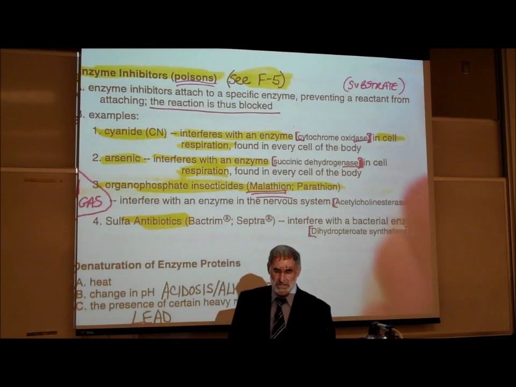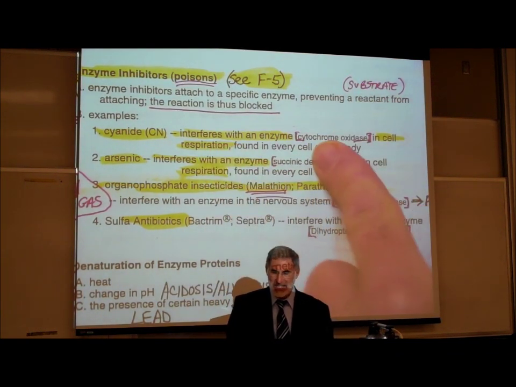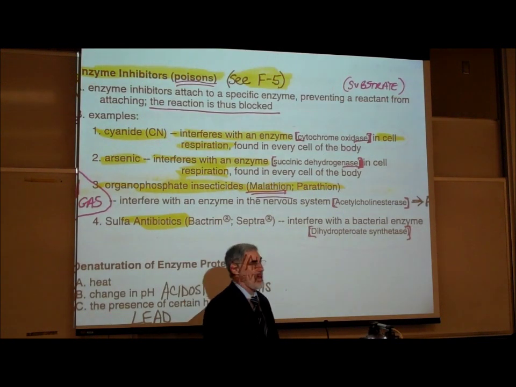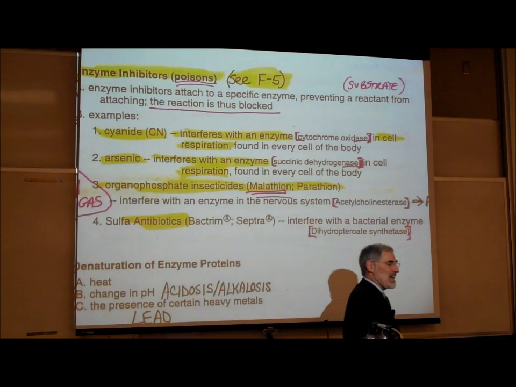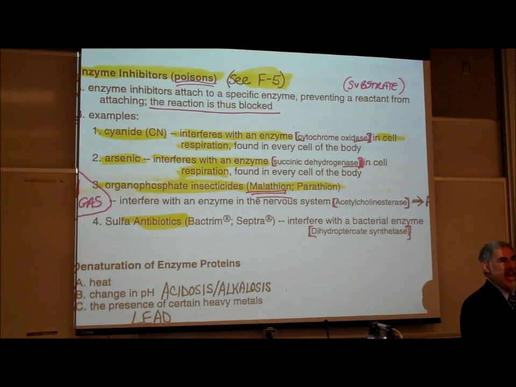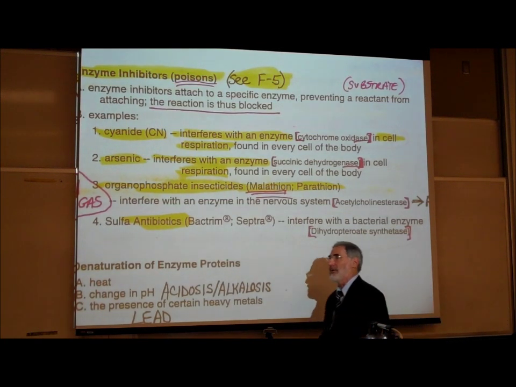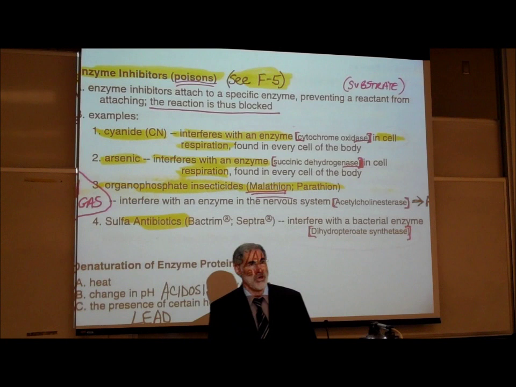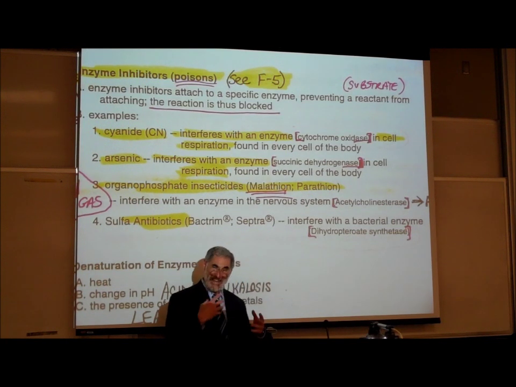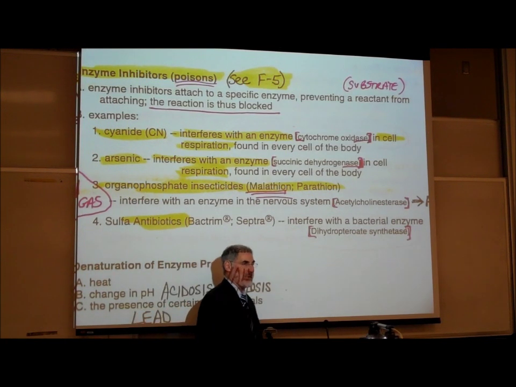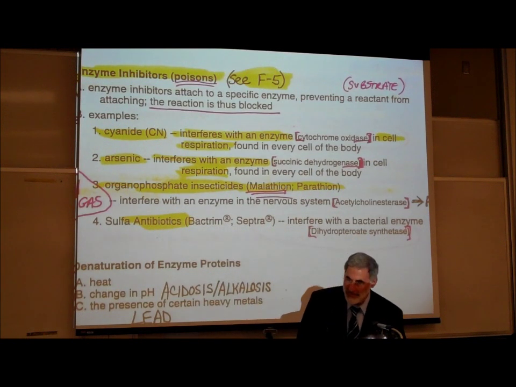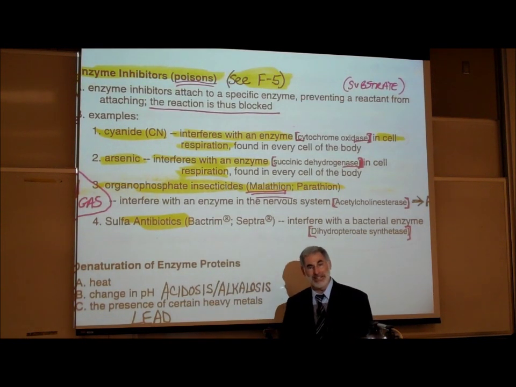So what cyanide does is it stops this enzyme from working in our mitochondria. The cells are not able to make this gasoline called ATP, and every single cell in your body will die as a result. This enzyme is found in every mitochondria of every cell in your body, and if you stop that enzyme from working, you're dead.